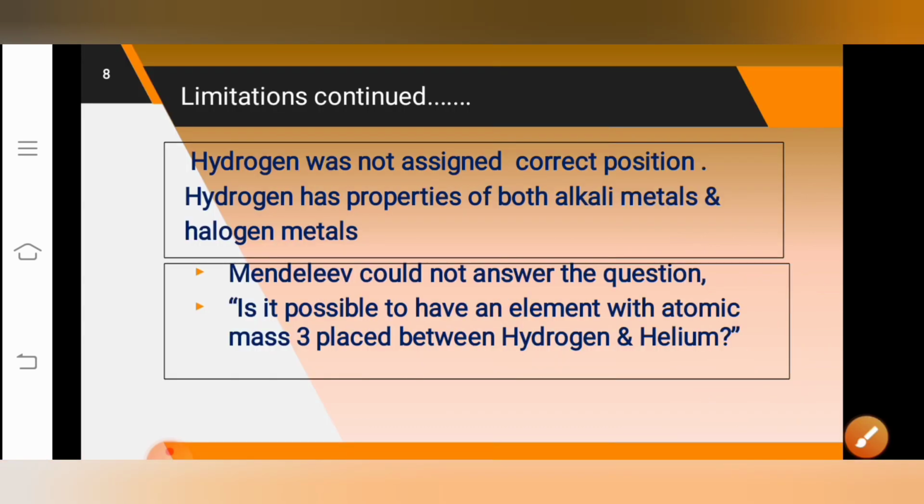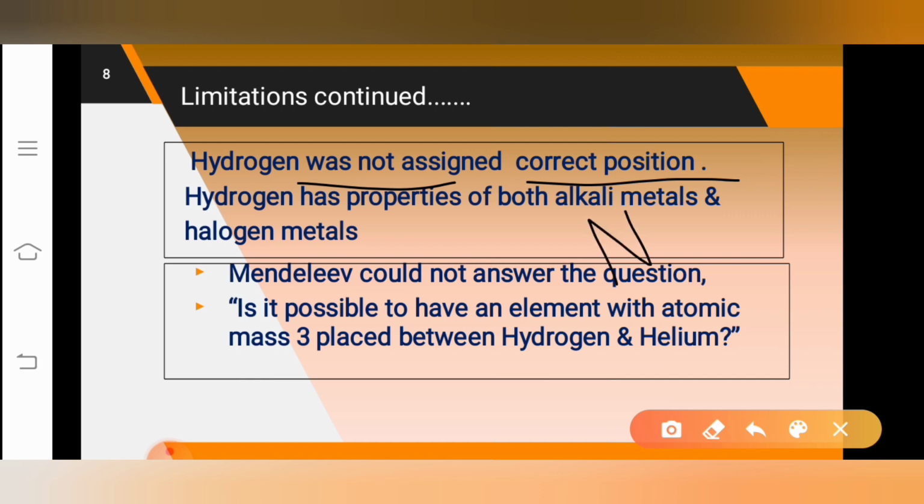Another limitation is that hydrogen was not assigned the correct position in the periodic table, because hydrogen has the properties of both the alkali metals as well as the halogens. I repeat, hydrogen has the properties of both the alkali metals and the halogens.